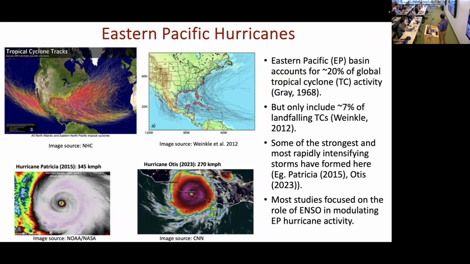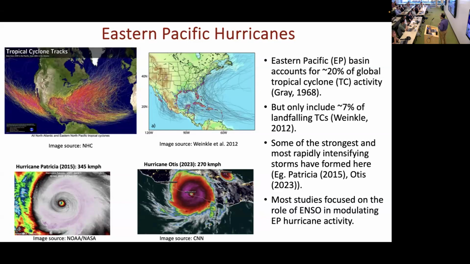However, despite this, it has received relatively less attention compared to some of the other basins. This is primarily because many of the storms that form here simply form off the coast of Mexico and then spin off towards the Central Pacific, and they don't make landfall because the steering flow is predominantly easterly. Because of their relatively low social impacts, they receive less attention.